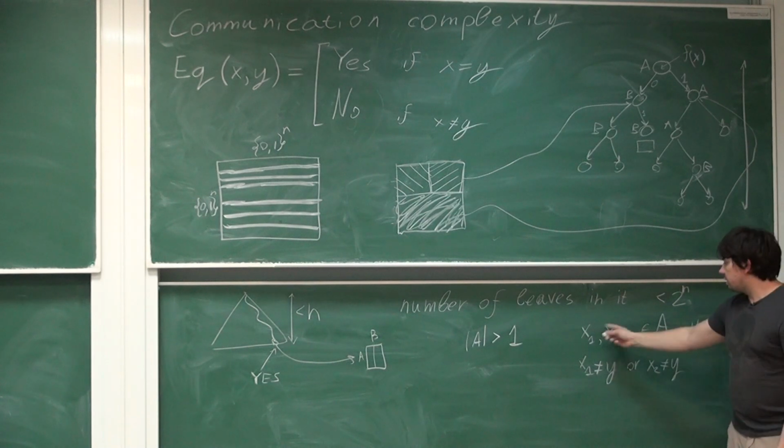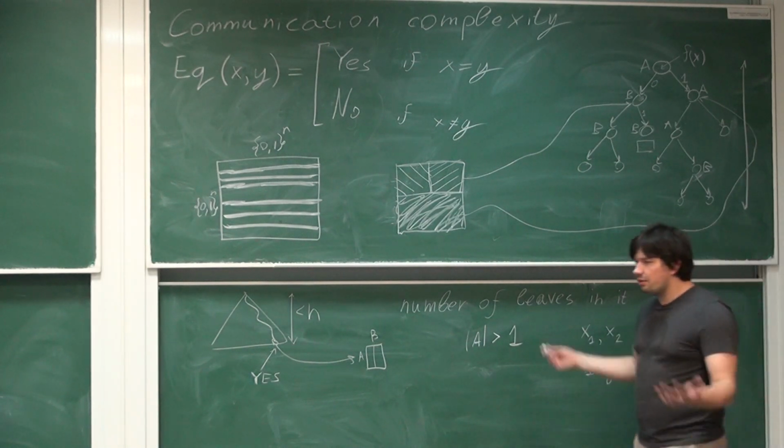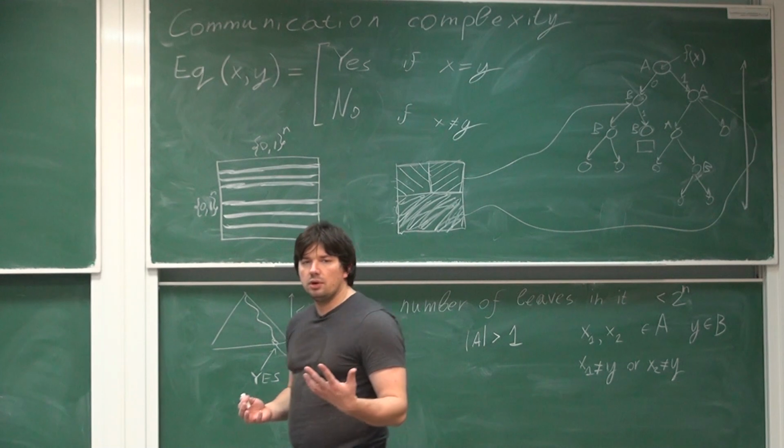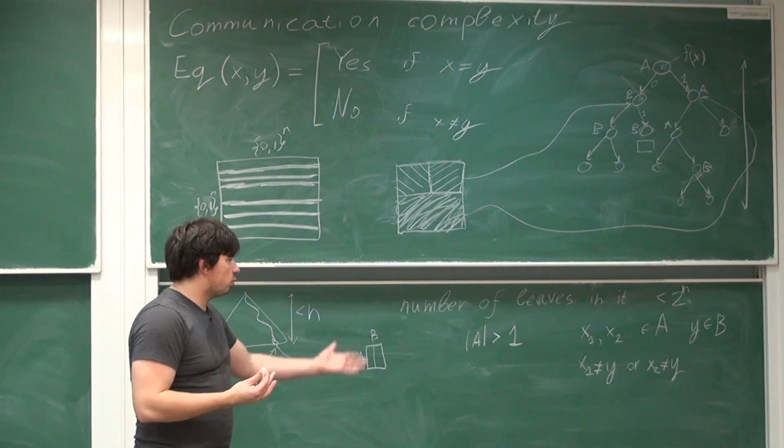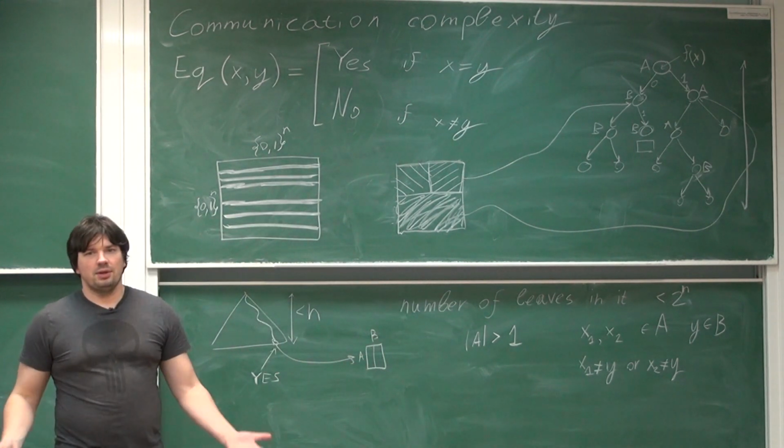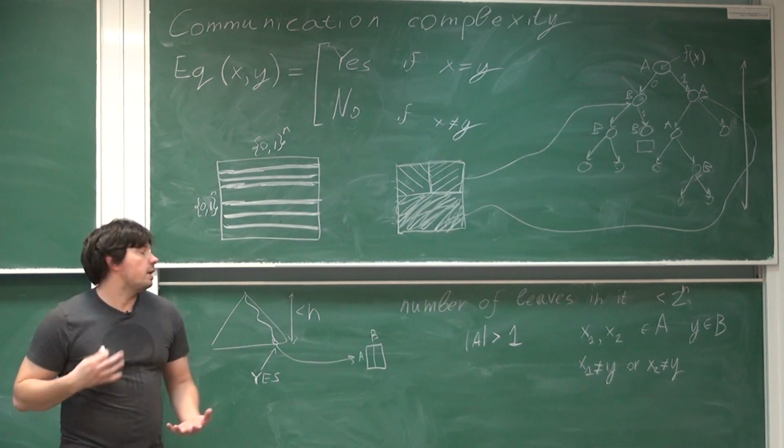Why? Well, x1 and x2 are different from each other, and they cannot both be equal to y, because otherwise they would be equal to each other, right?